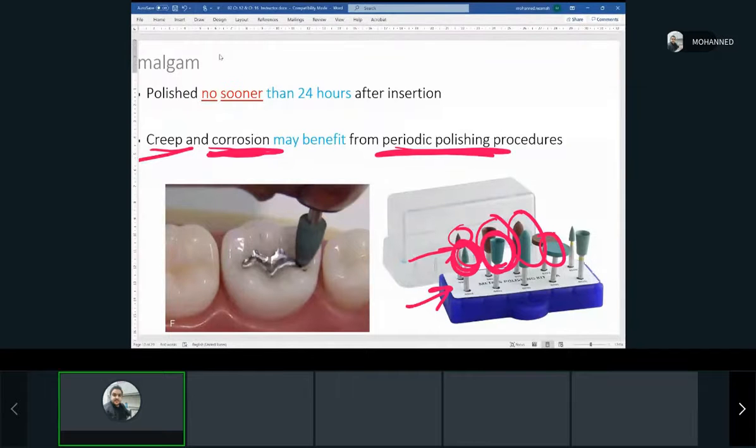We do have rubber ones that we use for regular polishing. They're usually integrated with other things, so it might feel a little bit rubbery, but it's more coarse than completely rubber burrs.